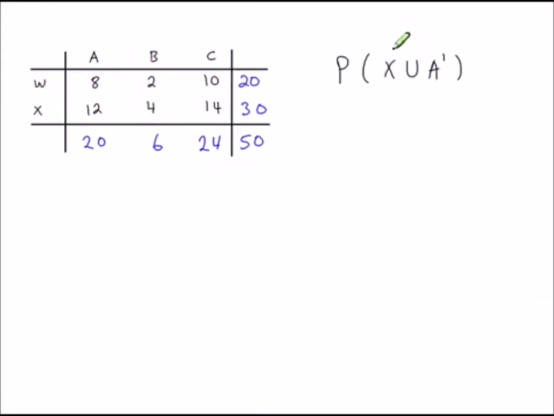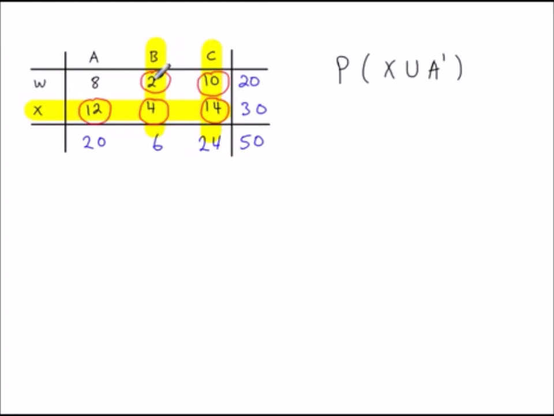The probability that event X happens, or A dash, or not A. Well, event X is in a row, event A is in a column. So A dash is all of the other events which are in columns. So these numbers are all to be added together.